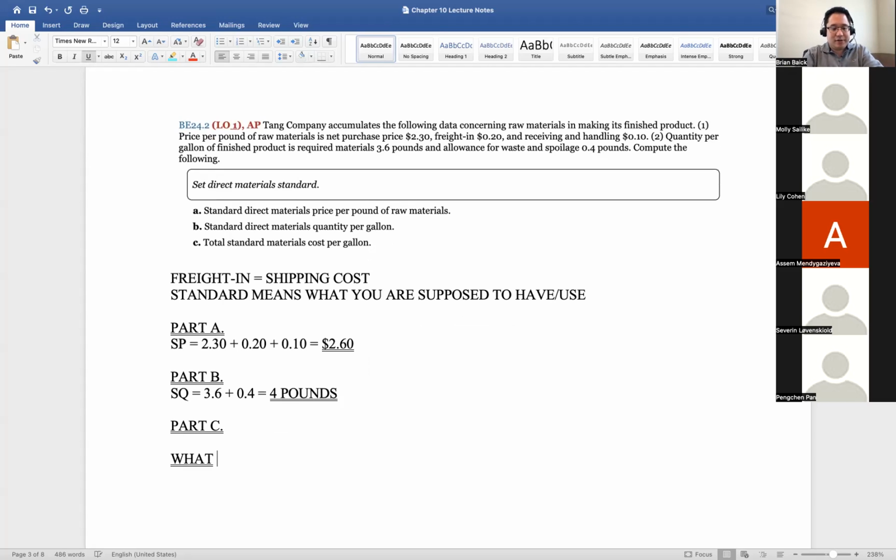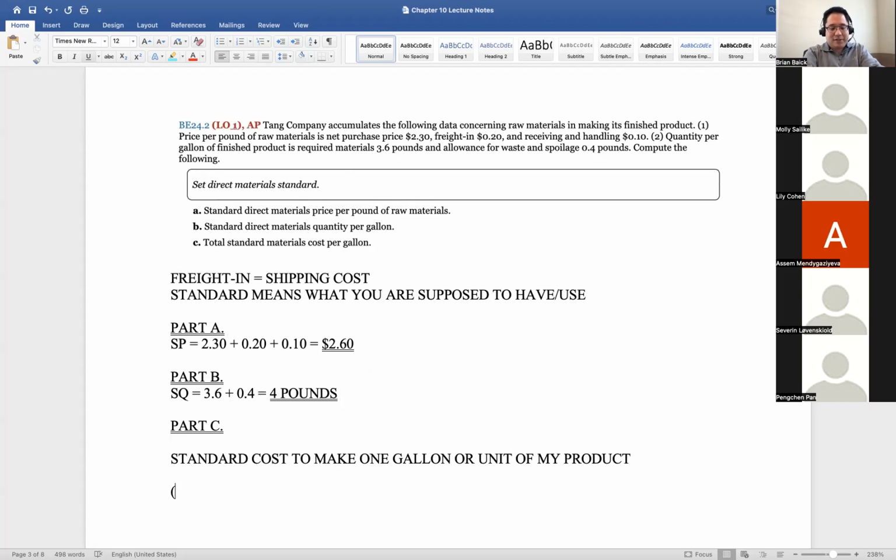What is the standard cost to make 1 gallon? Good, okay. Good job, Levi. Very nice. So standard cost to make 1 gallon or unit of my product. Well, let's see.